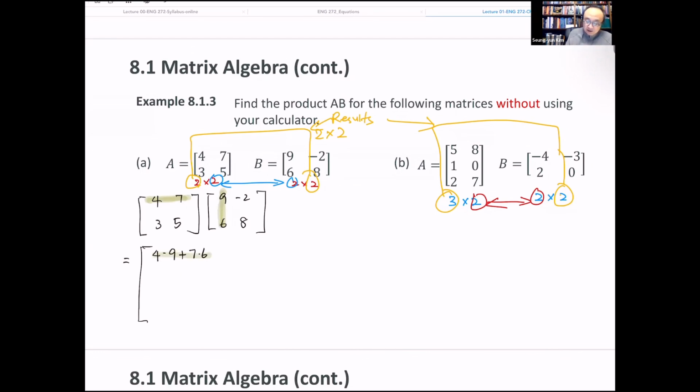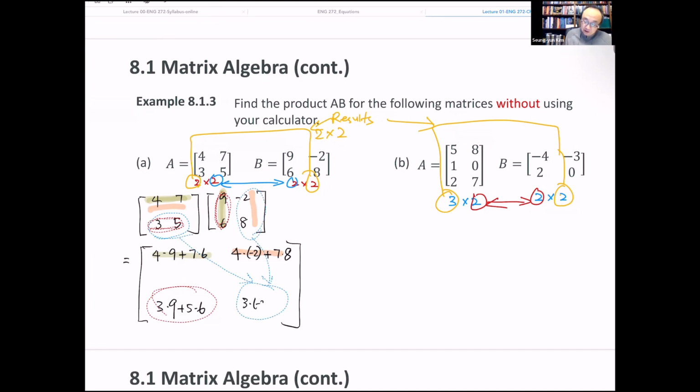We multiply that here. Then first row and second column goes in here: 4 times -2 plus 7 times 8. Second row, first column: 3 times 9 plus 5 times 6. Then second row, second column: 3 times -2 plus 5 times 8.